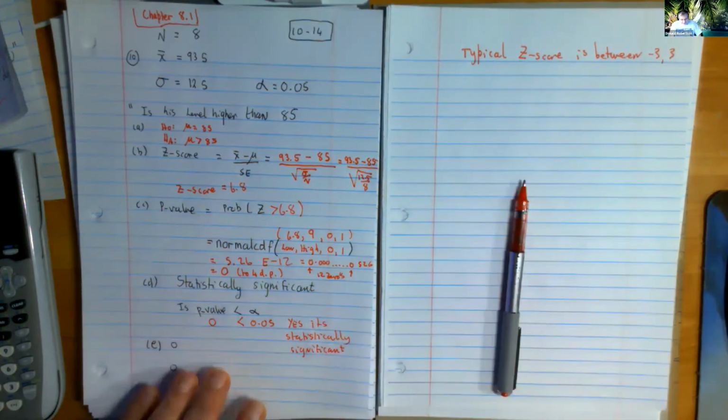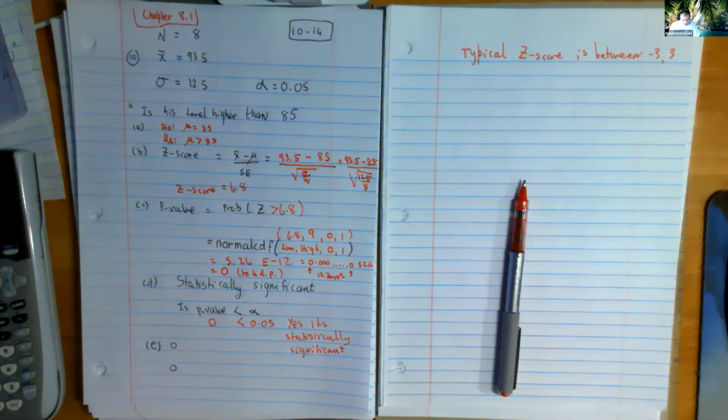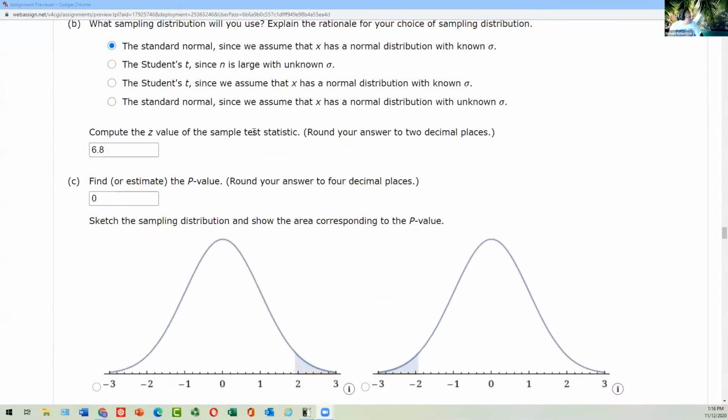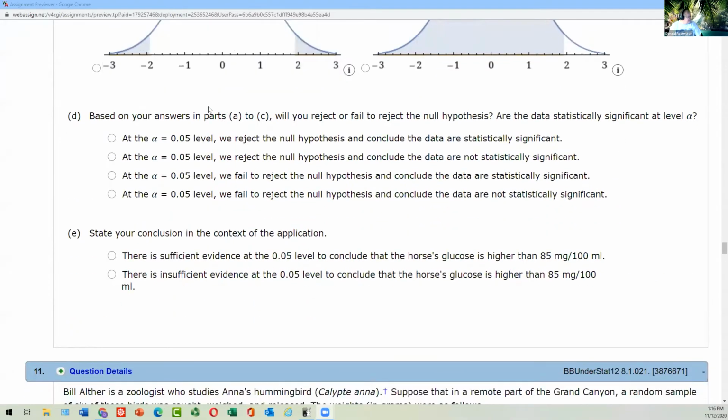Now, what does that mean? That means that we can prove here that this horse definitely has a glucose level that's higher than 85, which is higher than the normal. So the horse has got something wrong with it. So I'm now going to return to the homework and show you what that would look like for filling in. Well, we've already done the early stuff. Based on your answers, will you reject or fail to reject the null hypothesis?